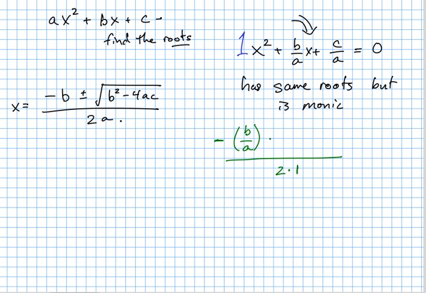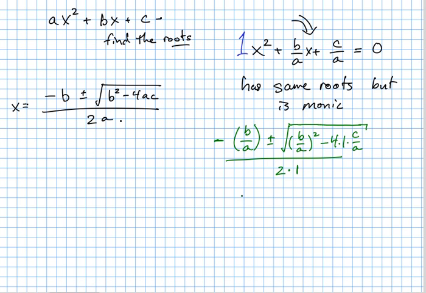And then you would put plus or minus square root of b over a squared minus 4 times 1 times c over a.